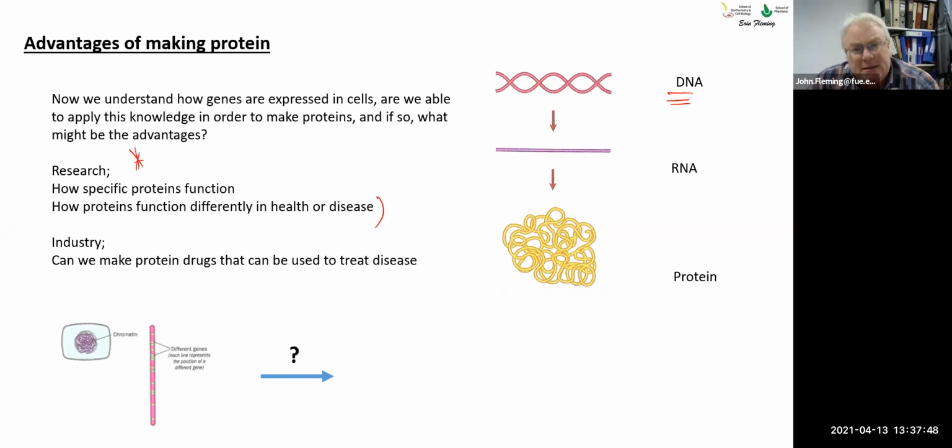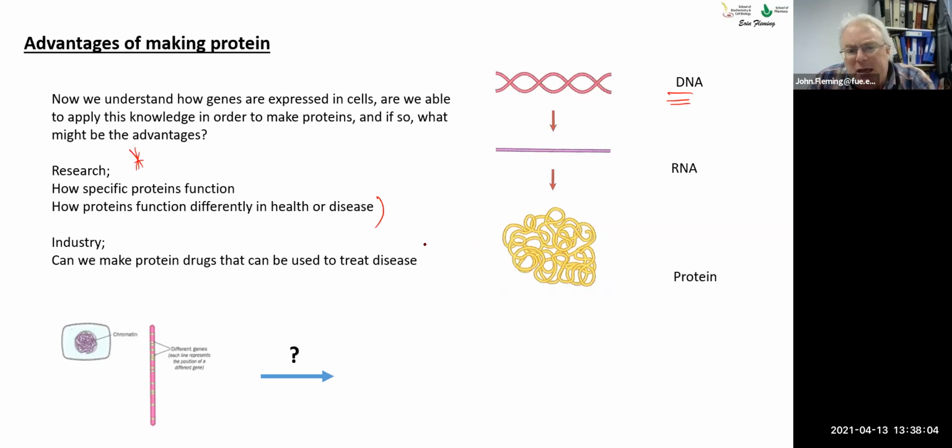And once we have studied the protein in the context of the cell, once we've looked at the protein in the context of disease, we're now in a position maybe where we can begin to intervene, or begin to think about developing therapies that we can use in order to treat disease.